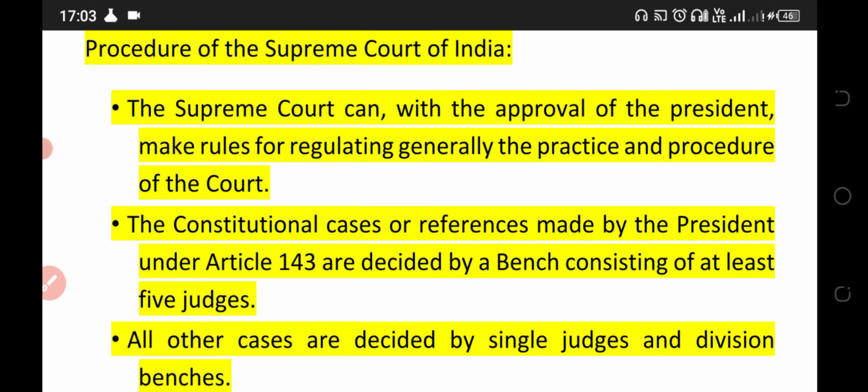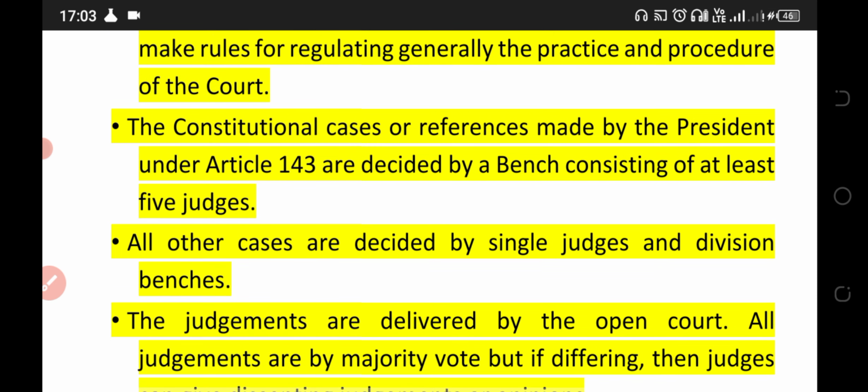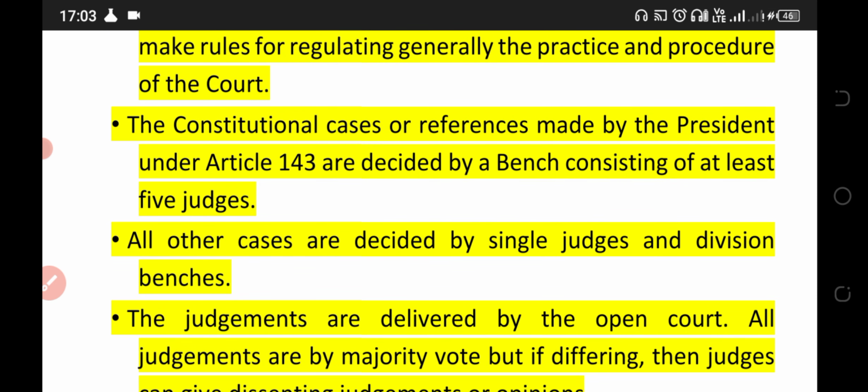The Supreme Court can, with the approval of the President, make rules for regulating generally the practice and the procedure of the court. Constitutional cases or references made by the President under Article 143 are decided by a bench consisting of at least 5 judges.